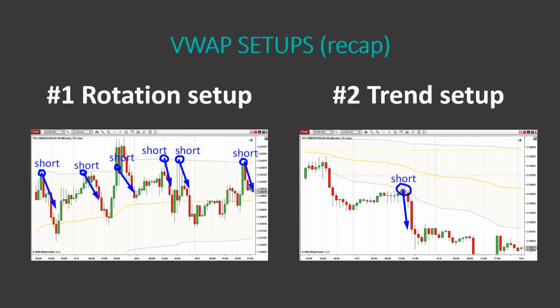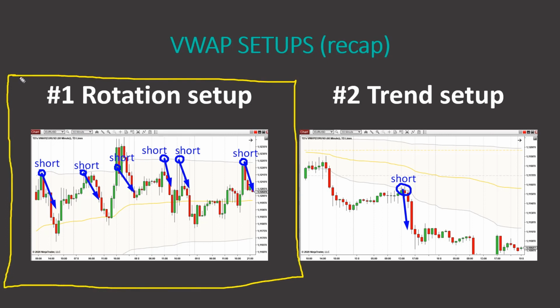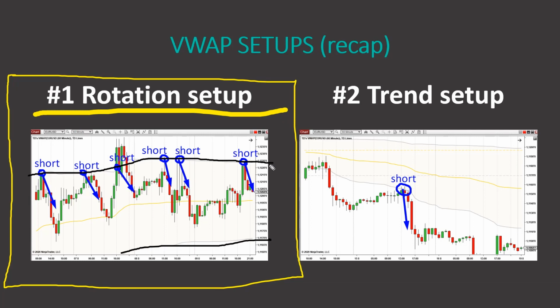Now, I'll do just a little recap of the setups. I know that they are pretty simple, but I think it's important to do as many recaps as possible. So the first setup, a rotation setup, what you want to see is a rotation, deviations moving sideways, and whenever the price hits those deviations, you want to enter a trade.